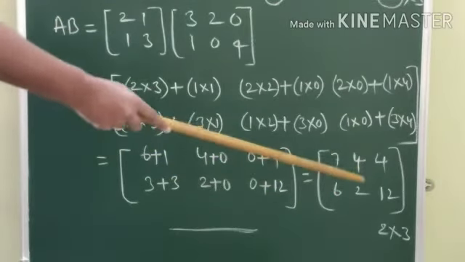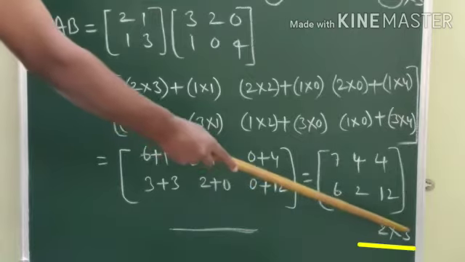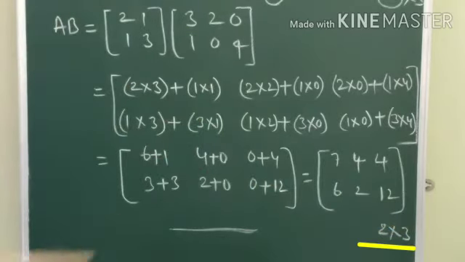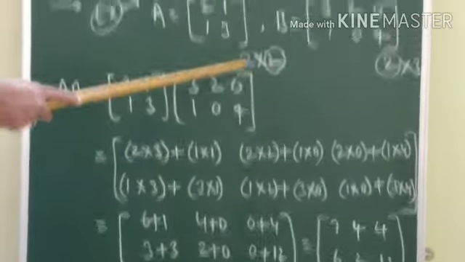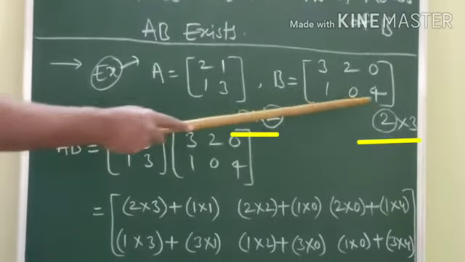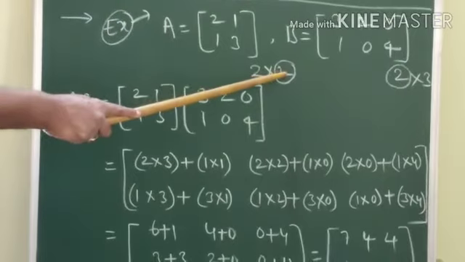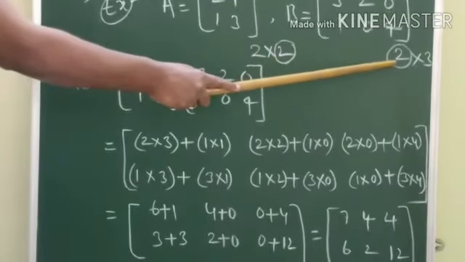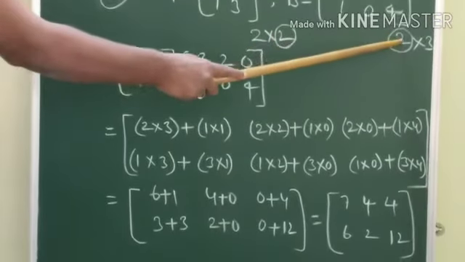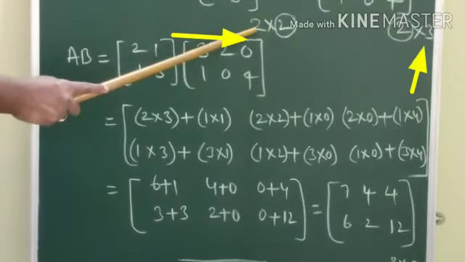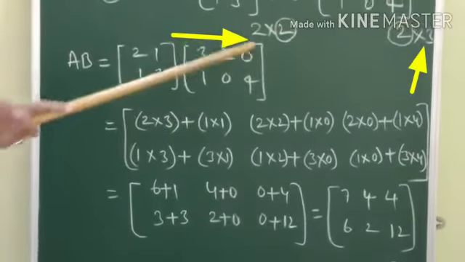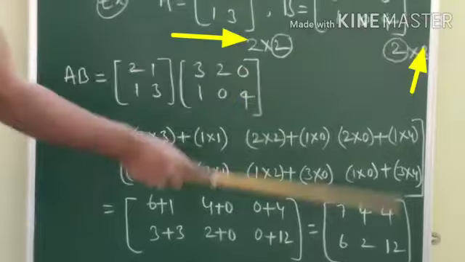That means the order is 2 rows and 3 columns. Now let us see once again. Here the order of A is 2 by 2, the order of B is 2 by 3. Here columns 2, rows 2. Neglect this. Then we get 2 by 3. This is the required matrix order.